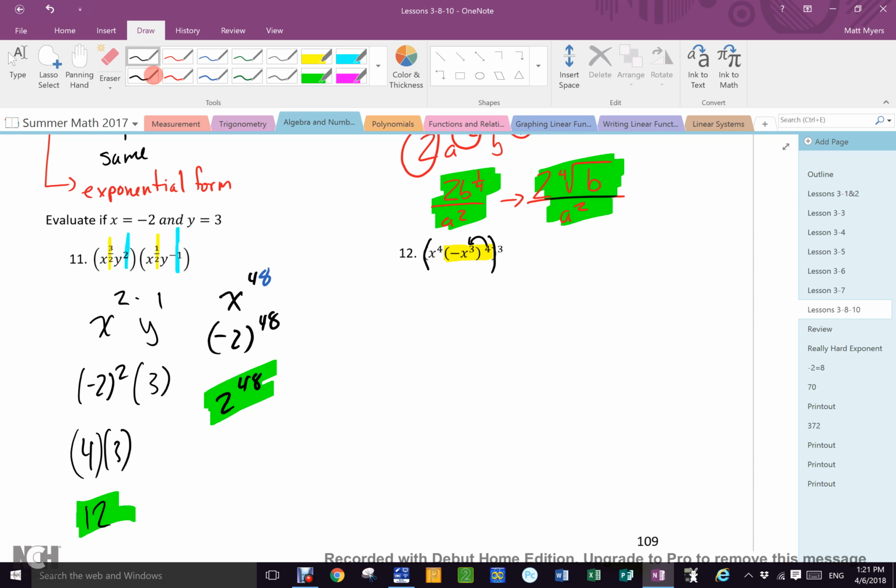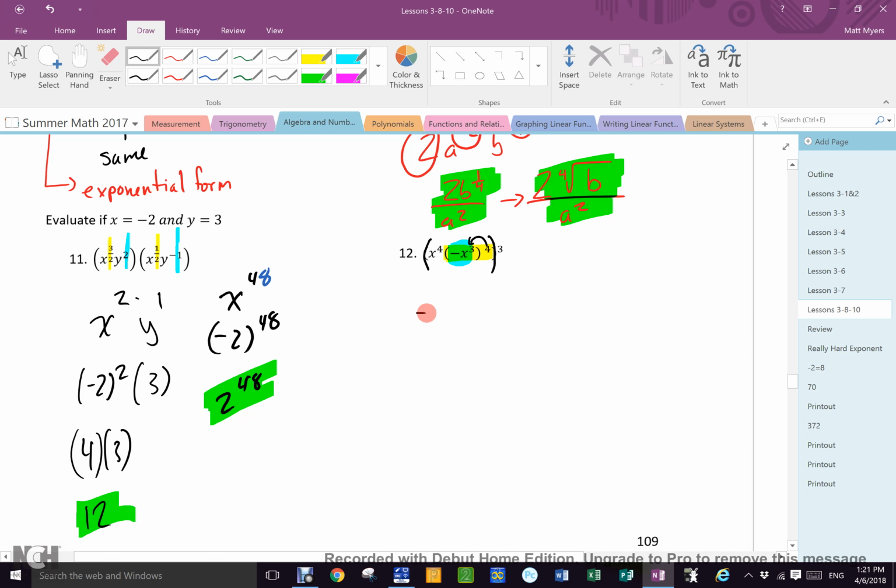Now, since I'm dealing with just this right here, what does that little 4 mean? Don't tell me what to do with it. Tell me what it means. What does that little 4 do to the base? Corey? That little 4 means everything inside the bracket is to the power of 4.